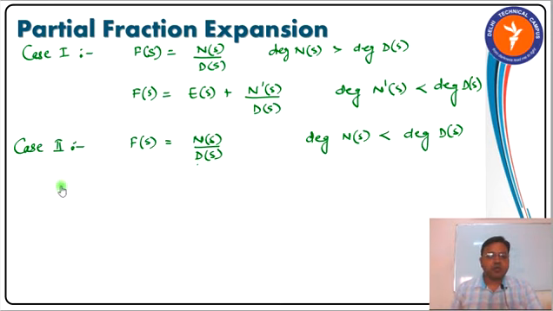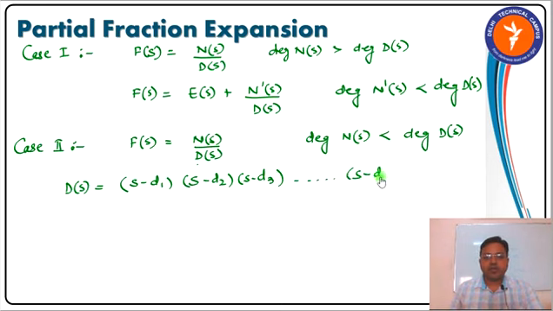But in this also, let us say this D(s) can further be written as (s minus d1)(s minus d2)(s minus d3), and so on up to (s minus dn), where these are all the factors of this D(s).